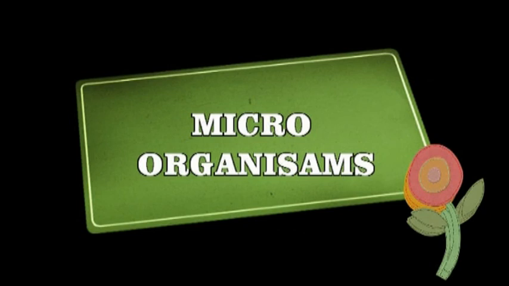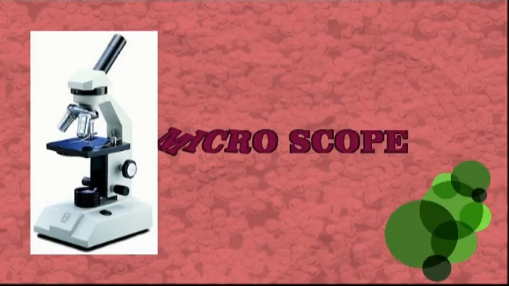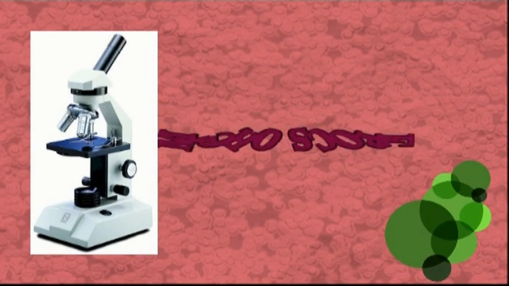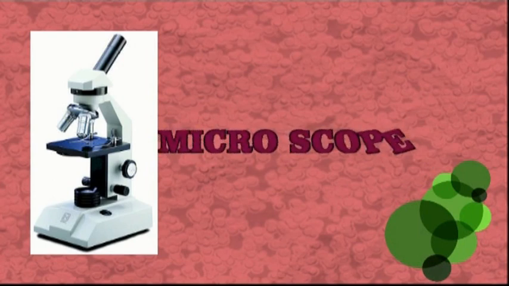Shall we now look into the definition of a microorganism? Yes, microorganisms are defined as tiny living organisms which cannot be seen with our naked eye but can be seen with the help of a microscope. Clear with the definition? Yes.